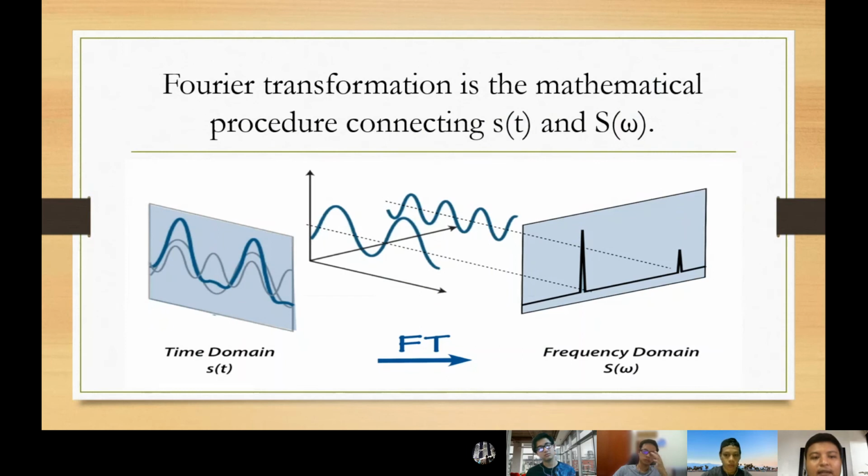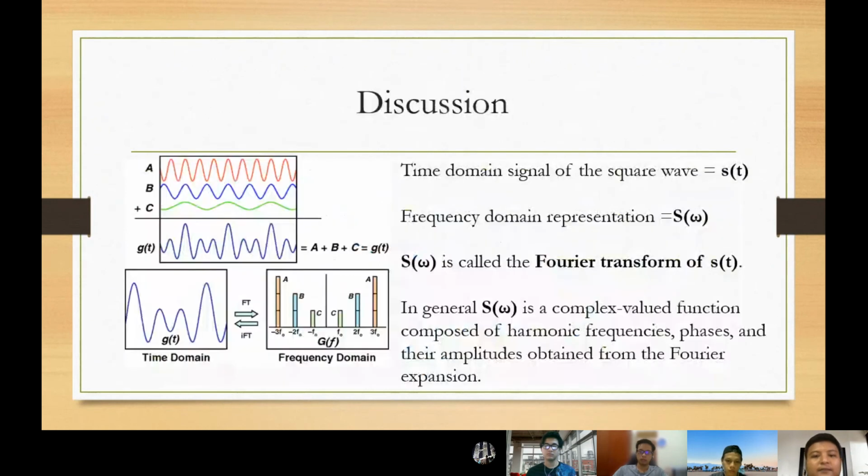This is the example of the figure that shows the time domain changing to the frequency domain. The Fourier transformation is the mathematical procedure which connects the time domain, S(t), and the frequency domain, S(omega).